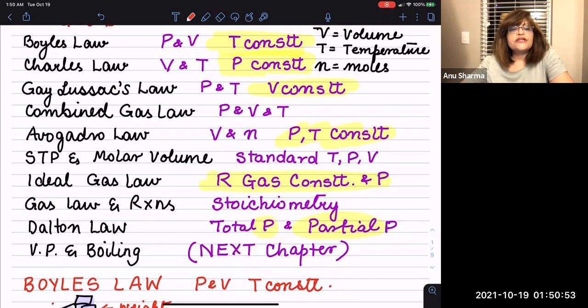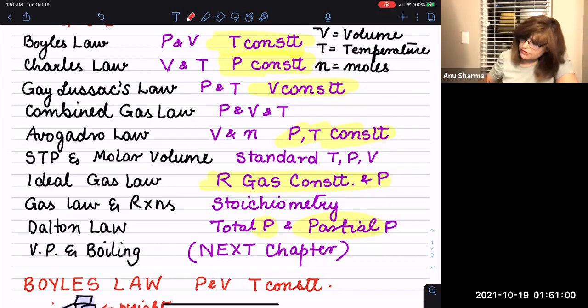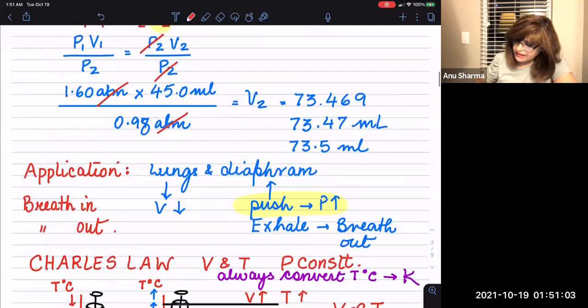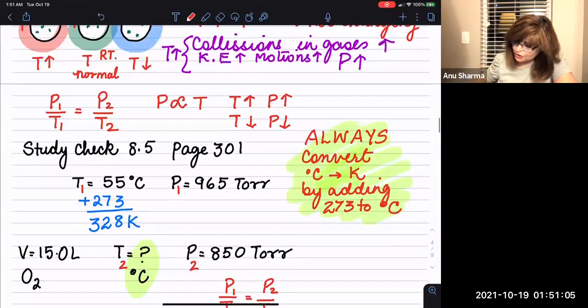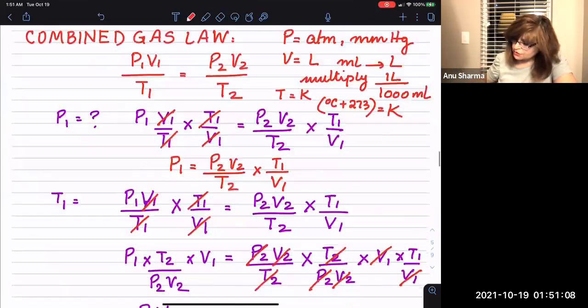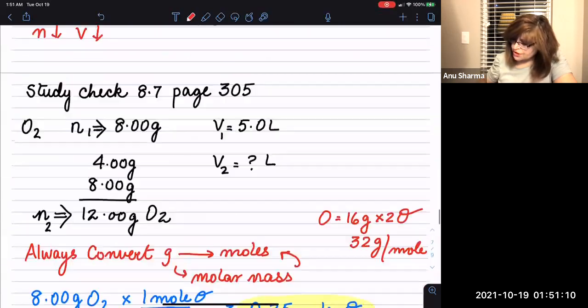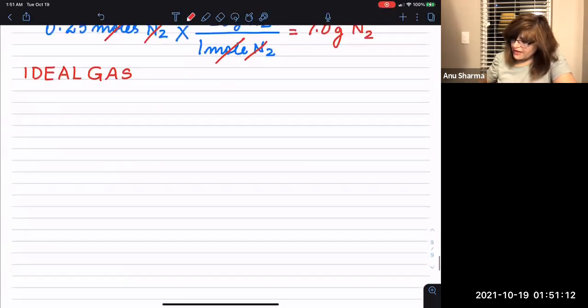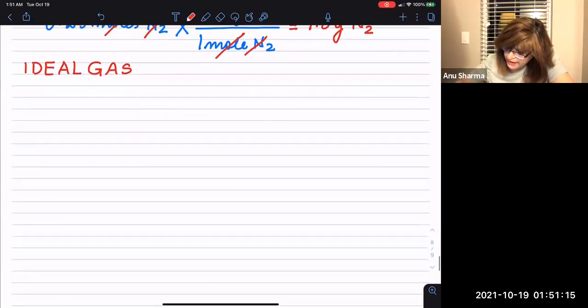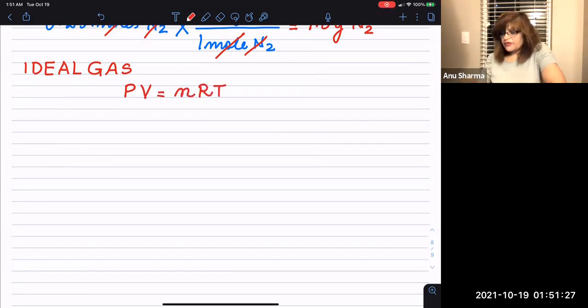All of this comes through derivations, which are beyond this course, but you should know that the ideal gas law is PV equals nRT. Now here, note this.